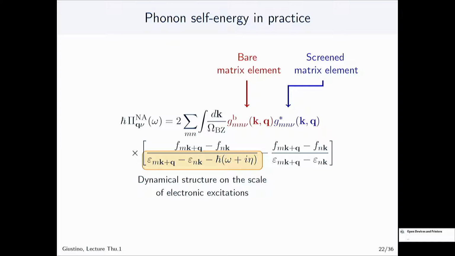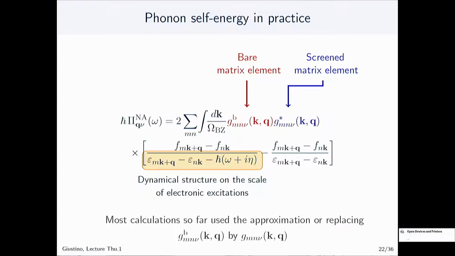So somebody earlier asked, how do we put the frequency dependence? It comes from this bit here. And the important thing is that this frequency dependence is next to some electronic energy scales. So these things really change on the scale of electron volts, okay? So there is not much structure in the case of insulators. Clearly, there will be some structure in the case of metals, for example.